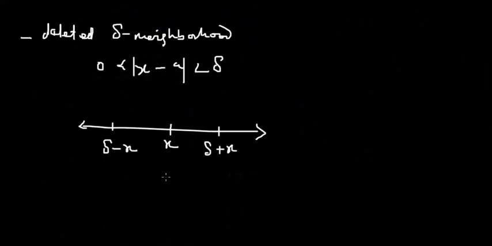So in case you have maybe x to be 0 and then maybe delta to be 2, you end up at 2 minus 0, and then we have 2 plus 0, so you end up at 2, okay, right?